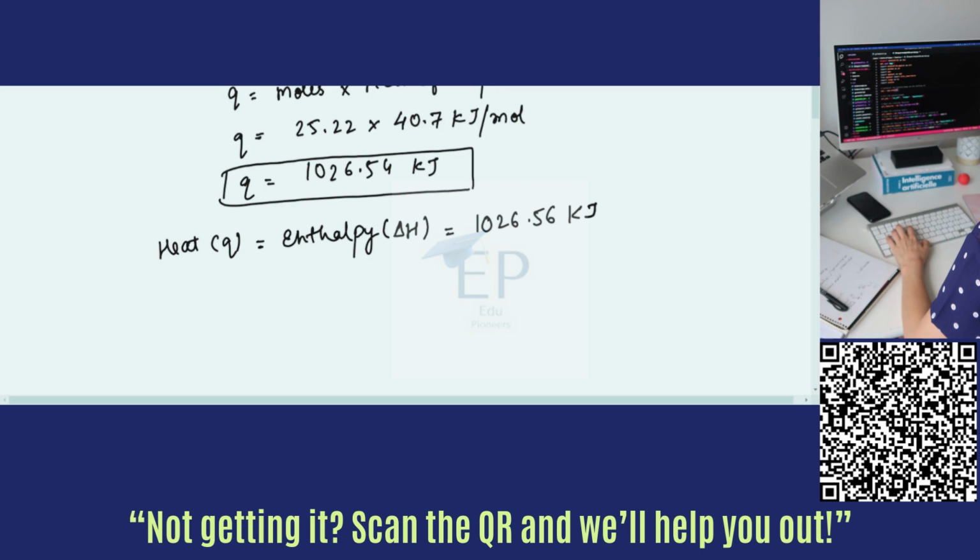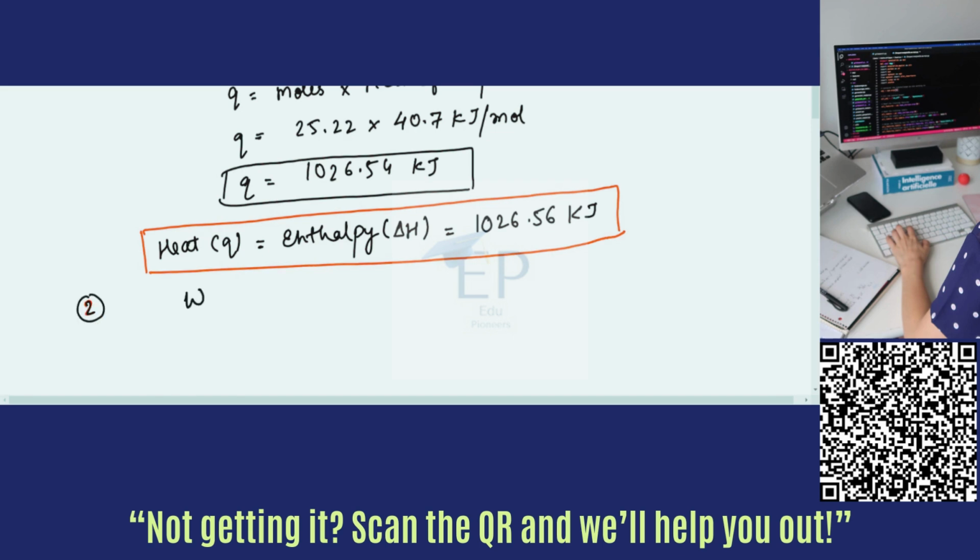So this is the answer for our first step we have followed. Now we will move forward. So second part we will find work done, that is work W equals P del V.